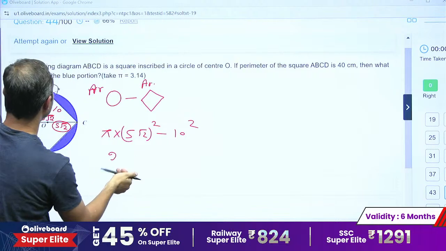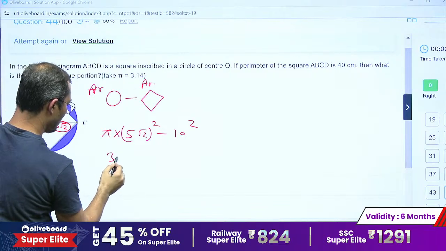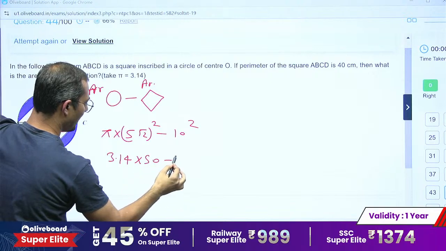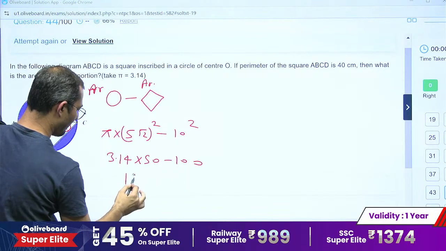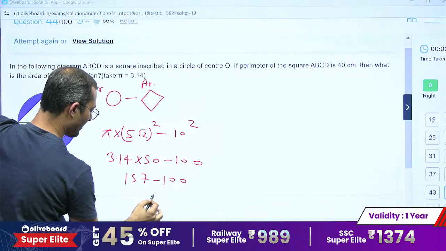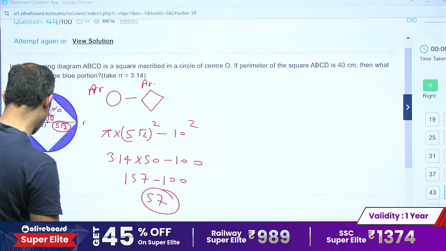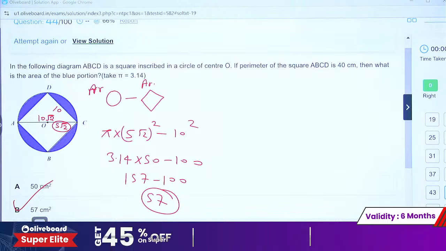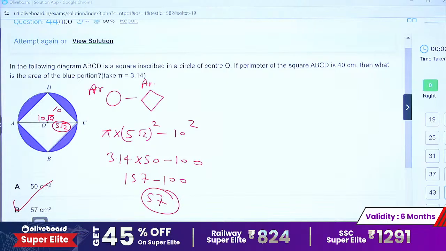So we have to take 3.14 into 25 into 2, 50, minus 100. So here we will get 157 minus 100. So 57 is the right answer. Okay. So B part is the right answer. Again, very easy question. So moving to next question.